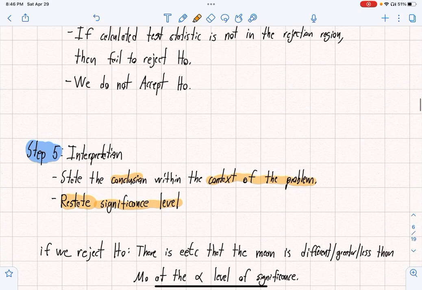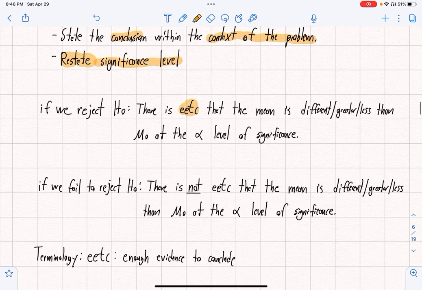If we reject the null hypothesis, we're going to say there is enough evidence to conclude, which is what I mean by EETC, that the mean is either different from, greater than, or less than our hypothesized value mu naught at the alpha level of significance.